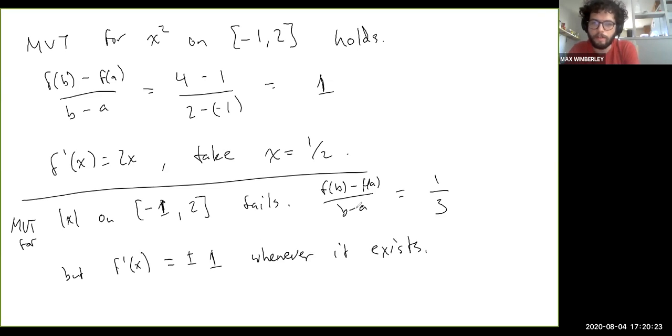And in fact, as long as the two endpoints of this interval are on either side of 0, like the first one's negative and the second one's positive, then it'll always fail, because the average slope will be strictly in between -1 and 1, but it'll never equal either of those two things. So yeah, absolute value of x is not differentiable at 0.